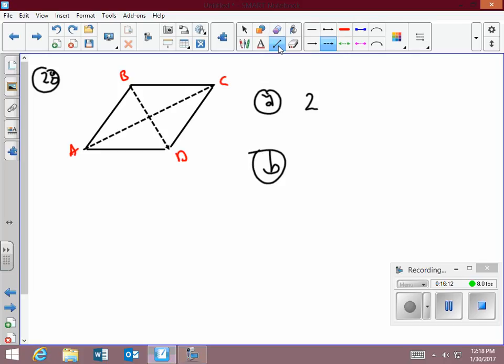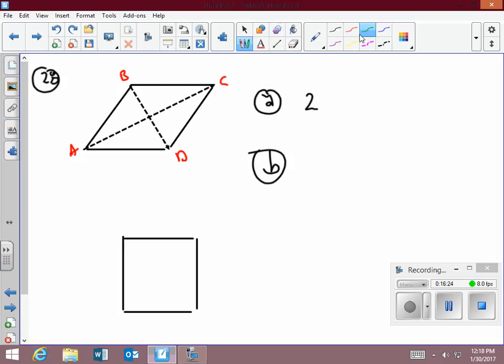Just for example, if we did a square, the center of that square would be a rotation.